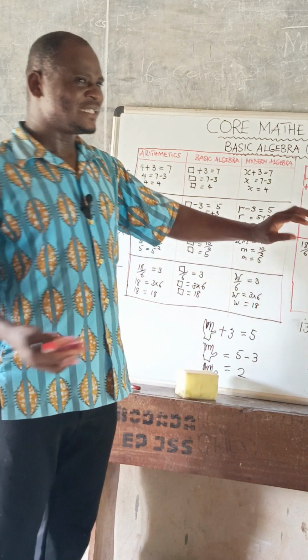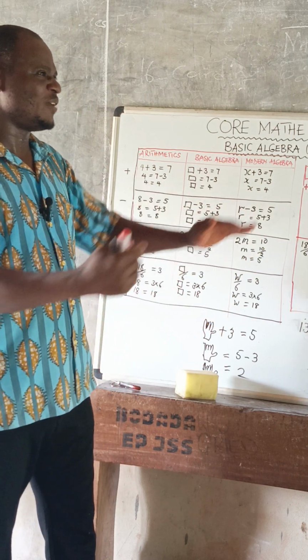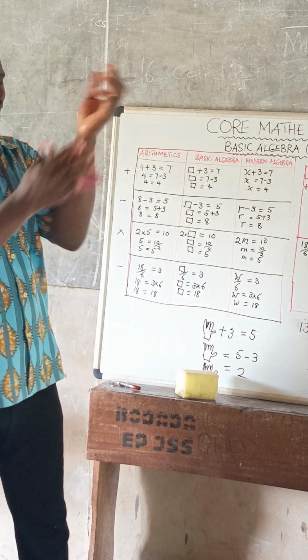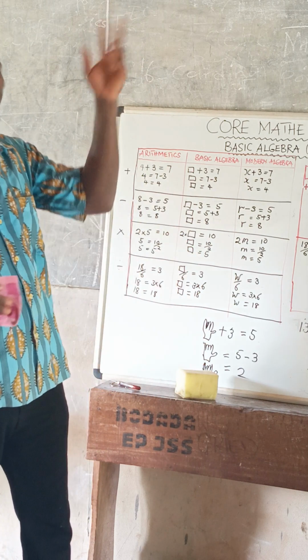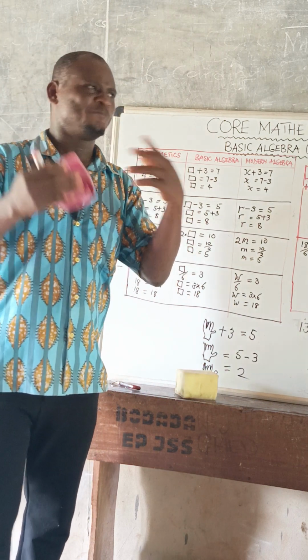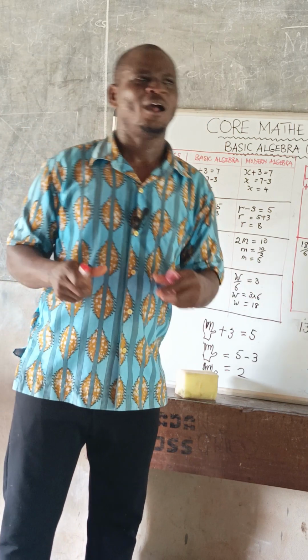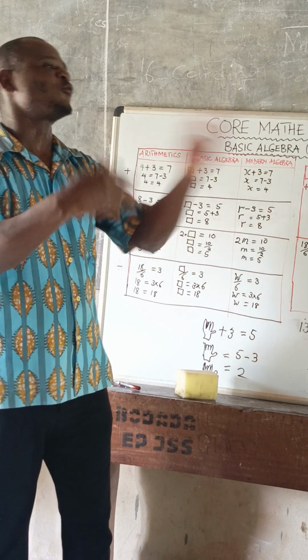So we decide to develop an algebra, a means of solving or doing mathematics. We give it a name called algebra. Algebra is named after a Persian mathematician who lived, I think, in the 4th century. His name is actually Al-Khwarizmi also, and he has done a lot of things in mathematics. So they put his name on a way of doing mathematics.